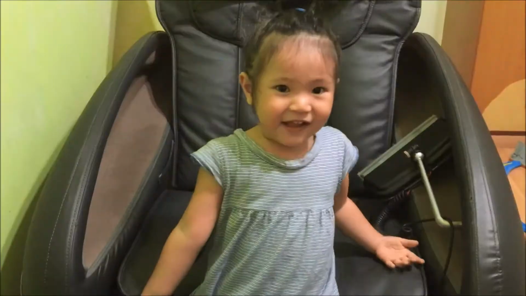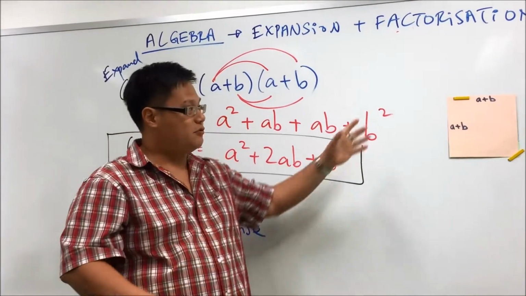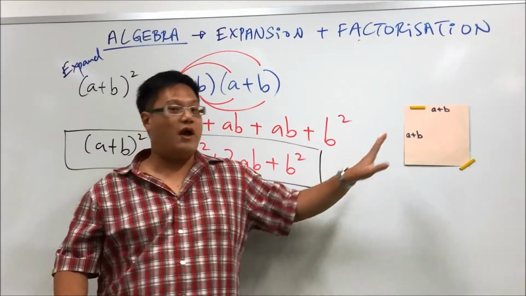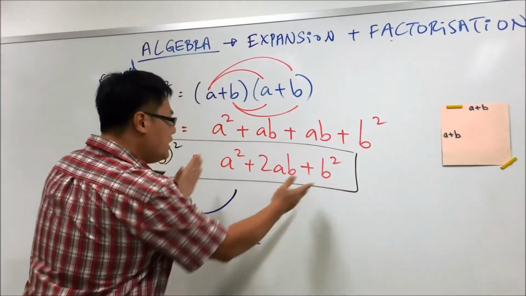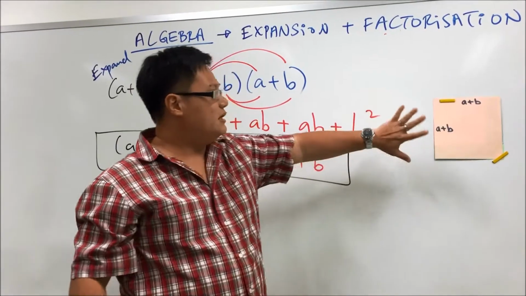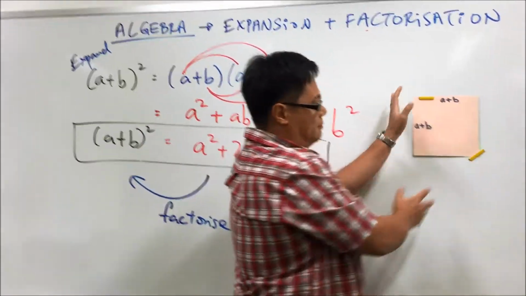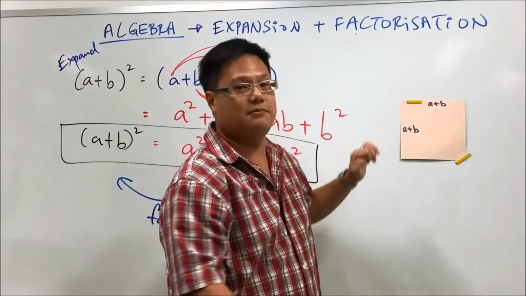Now I'm going to take you through this process. Look at this square. I'm going to use a very simple model to help you understand where this whole chunk comes from. This picture is a cutout using colored construction paper.